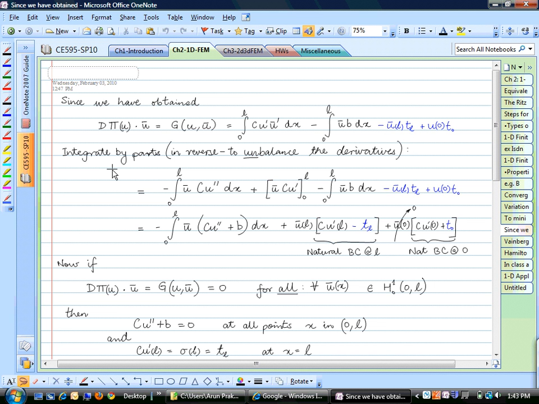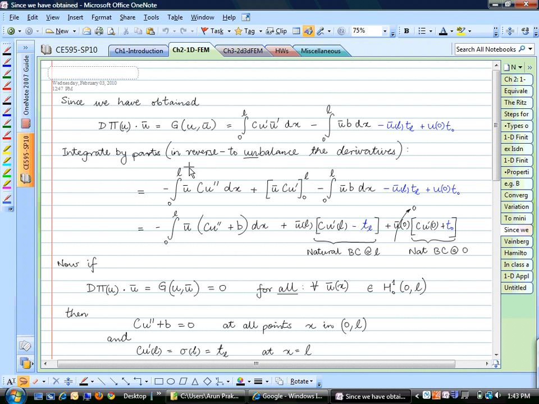Now let's try to see if we can actually get the governing differential equation. So the idea here is that somebody gives you an energy function, that this is my total potential energy. Can you tell me what my equilibrium equation is? If that's what you're trying to find, then you take the directional derivative of your potential energy, you will get some g.